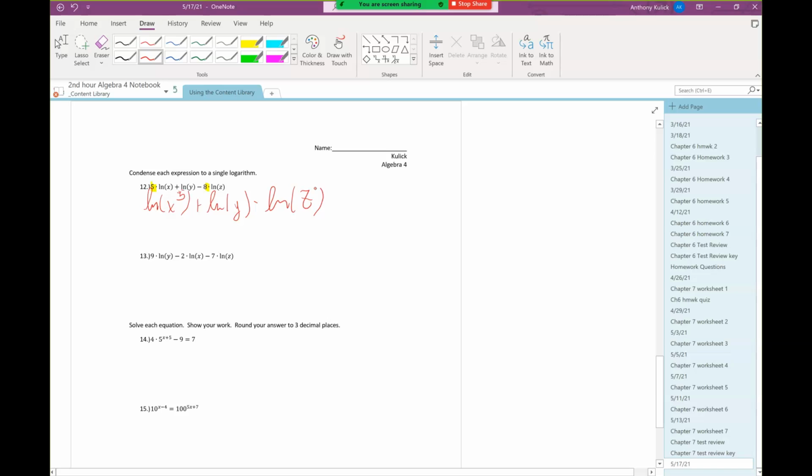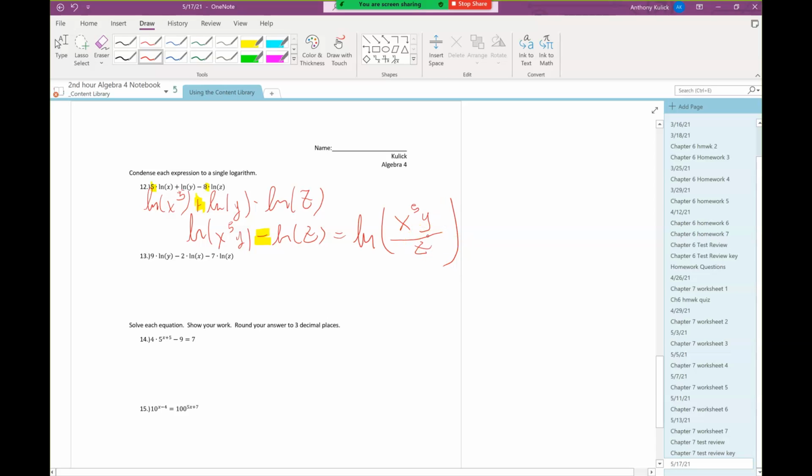Then I'm going to look for product properties. Here, a product property is indicated by the addition. So that allows me to put those two together inside one logarithm. And the last thing I do is I look for quotients, which is going to be indicated by the subtraction. And that allows me to put that together into one logarithm.